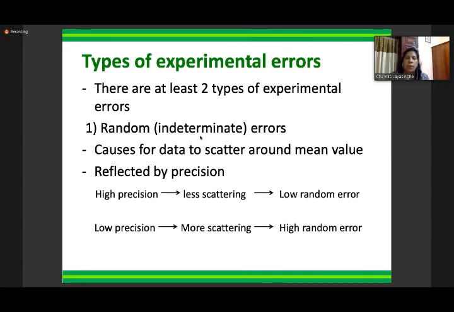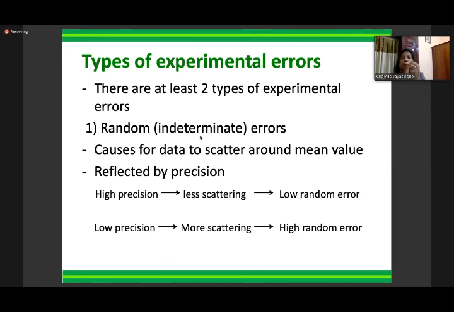Random errors cause data to scatter around the mean value, and this is reflected by precision. So you know what precision is? Precision is how the data points are distributed near the mean value.